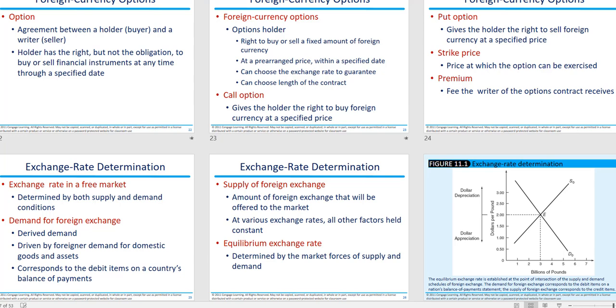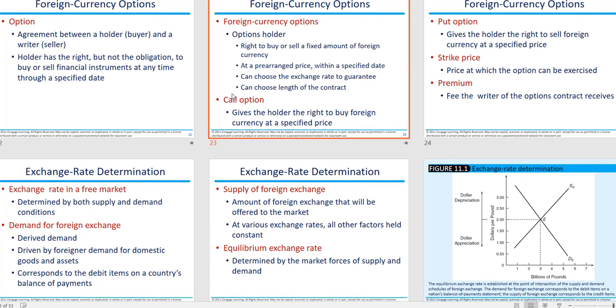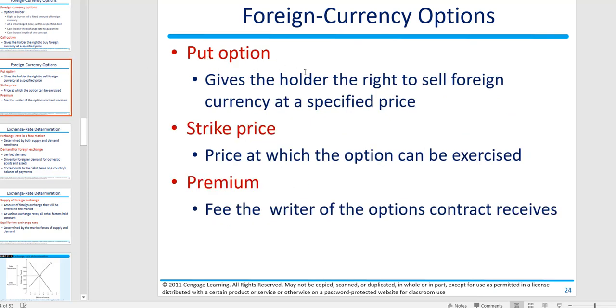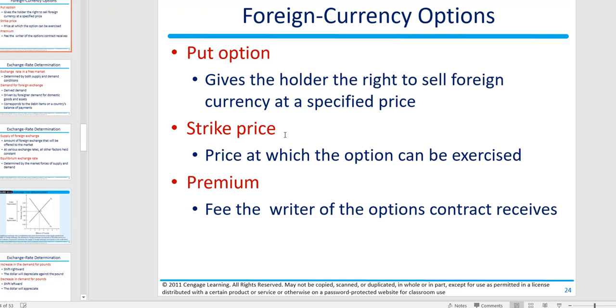So we have call options and we have put options. The call option is the right to buy, and the put option is the right to sell. Other related terminology is the strike price, which is the price that the option is guaranteeing you as the exchange rate, and the premium, which is the fee you have to pay for contracting that option.